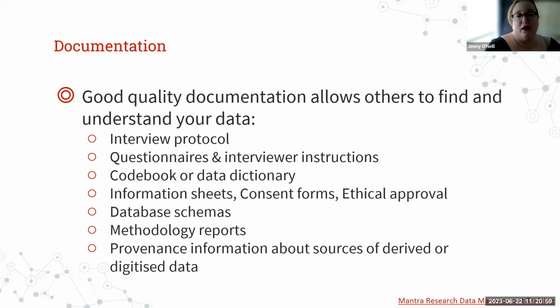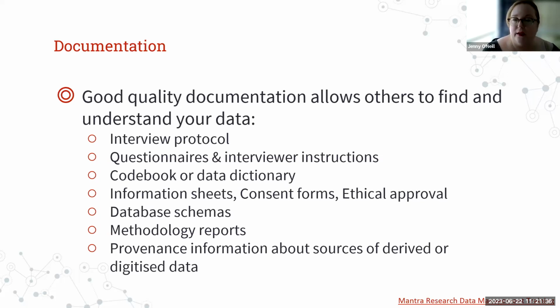Also very useful are the information sheets that you created to provide with the studies, obviously consent forms, but blank consent forms, or if you have ethical approval, it's useful to include the information about the ethical approval. If you create any methodology reports as part of your research process, if you have information on the anonymization that was done, the protocols that you used for that or for data cleaning, these can be really useful to help somebody else understand all the processes that your data went through.